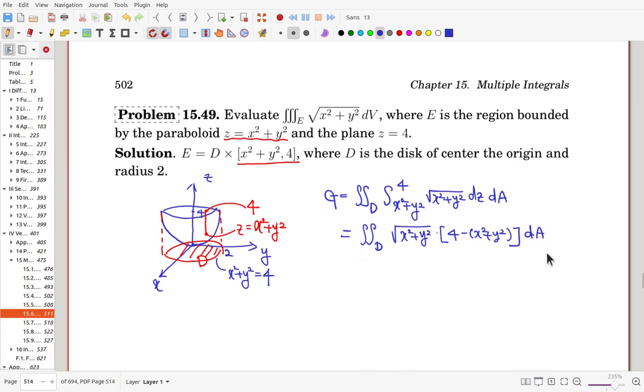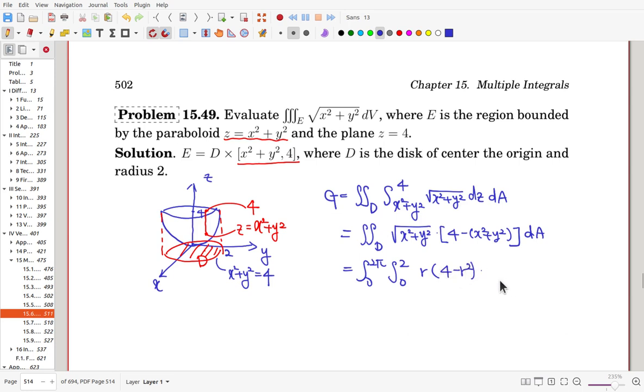To get the integral, we have to do this computation. Now, D is a polar region. The disk is a whole revolution, theta from 0 to 2 pi, and r is from 0 to 2. The square root must be r, and this portion must be 4 minus r squared.